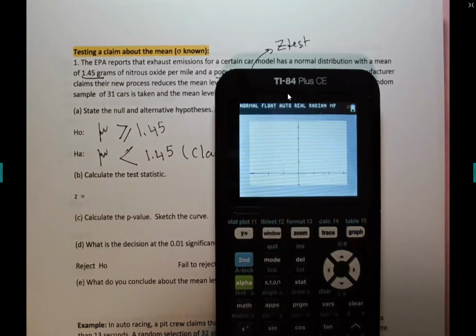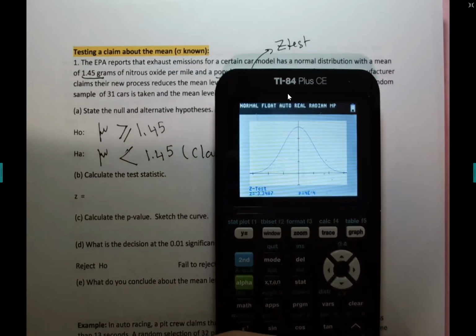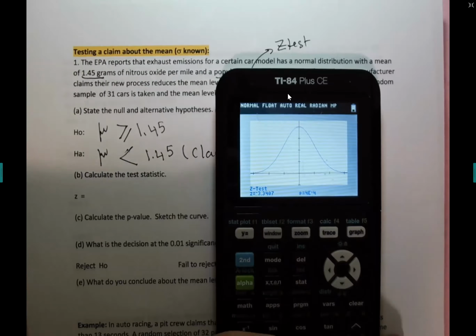Watch. You didn't see any shading, that means the p-value is very small. So Z is 2 decimal places. What would that be, guys, for 2 decimal places? 3.34. Yep.